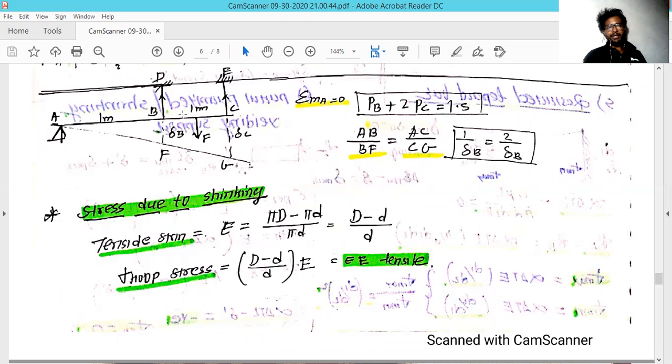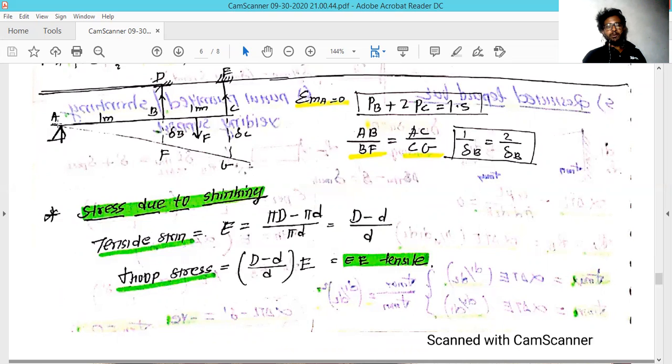From this you can find out the change in dimension of the two, because first, if you take the moment about point A, the moment is nothing but the force generated in the BD cable and the force generated in the CE cable.